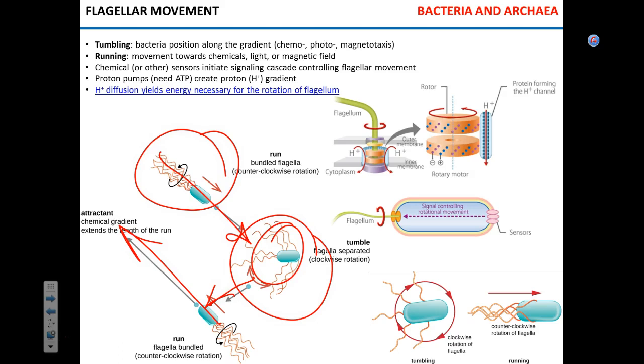Now, I want to say a few words about the energy source for the flagellar rotation. There's one structure that is fairly common for both prokaryotes and eukaryotes. It's ATP synthase. If you've taken some kind of basic cell bio, you had a conversation about cellular respiration.